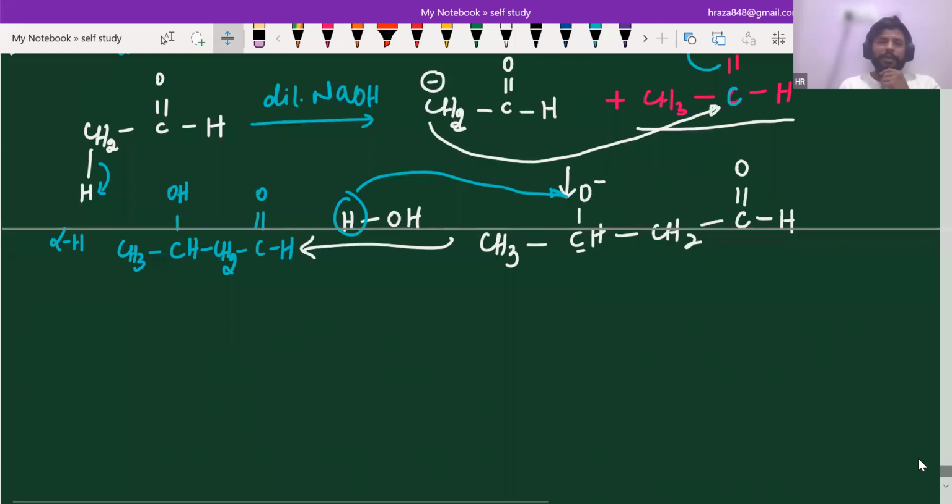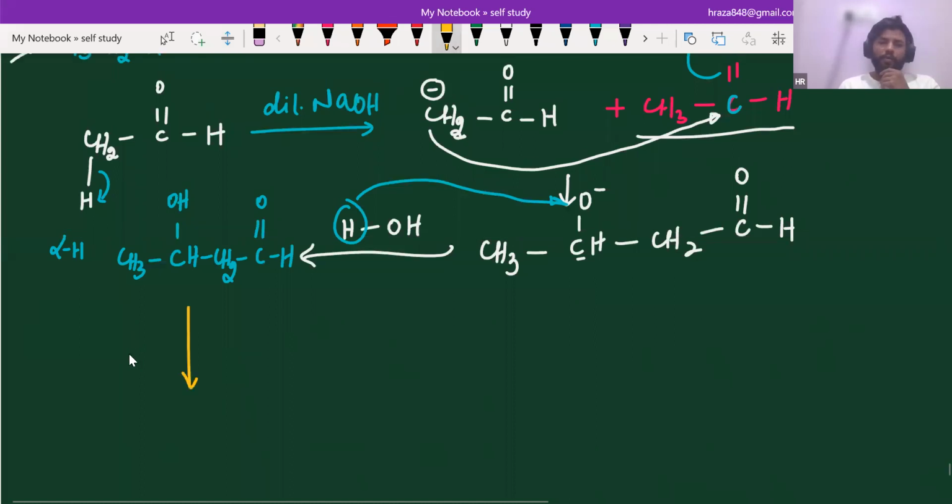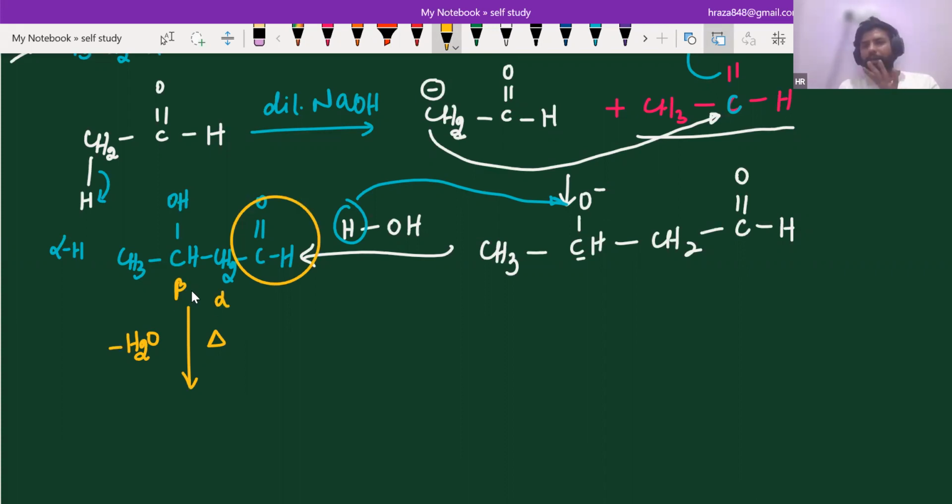After condensation, that means minus H2O, you are going to heat it. This is your main functional group, C double bond O H. So this will be your alpha and beta. Remove OH from beta and remove hydrogen from alpha, and you will get the major product.